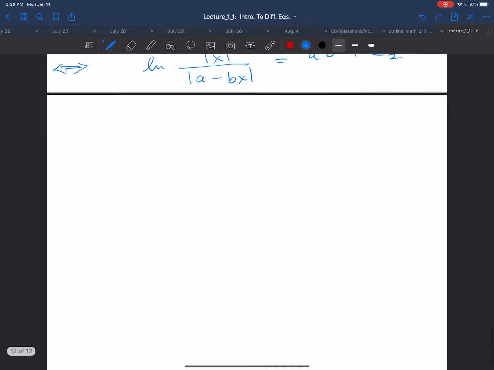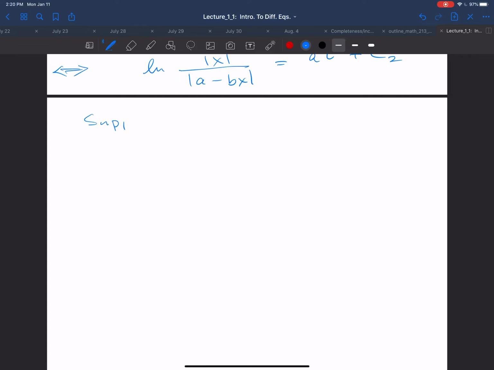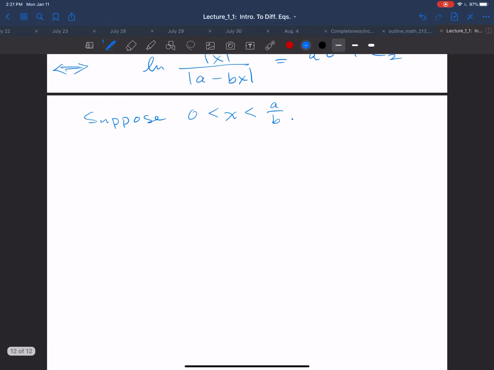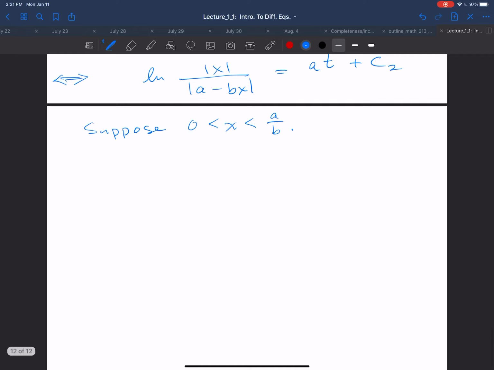Okay, so suppose, as we said before, that we're considering values of x that lie between 0 and a over b. Then both of these terms within the absolute value signs will in fact be positive. So we're just taking the ln of x over a minus bx on the left-hand side.